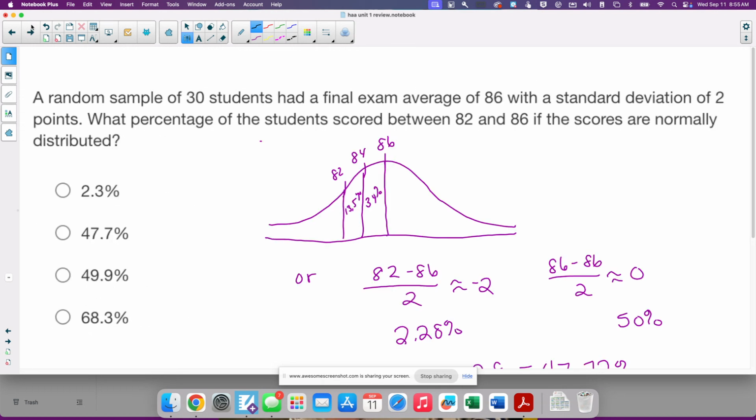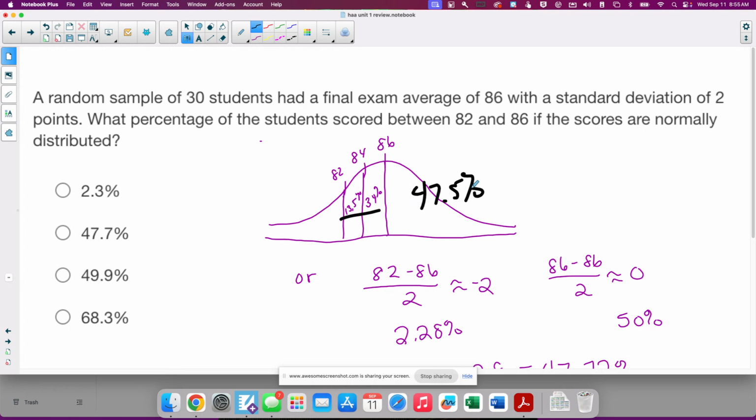All right, same thing. I set up the math for it. You have your choice between doing the empirical rule and doing it with your z-scores, because this is falling on exact standard deviations between 86 and 82. So you either add that and get 47.5%, or you do your z-scores and then subtract and you get 47.7.